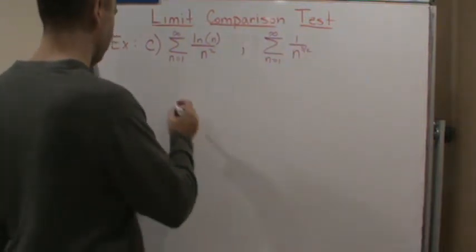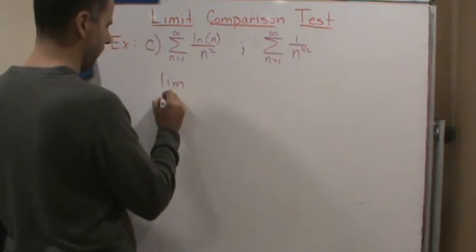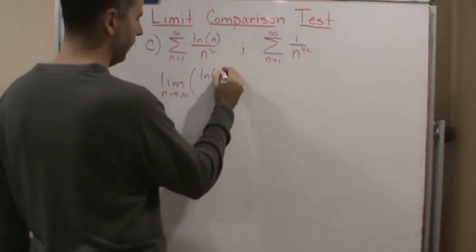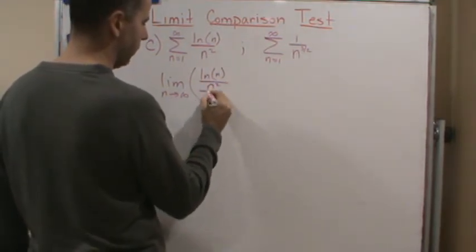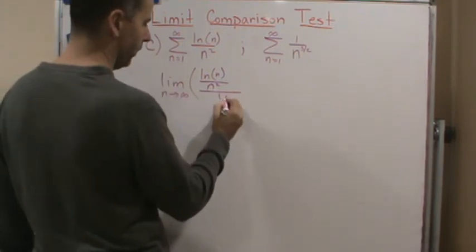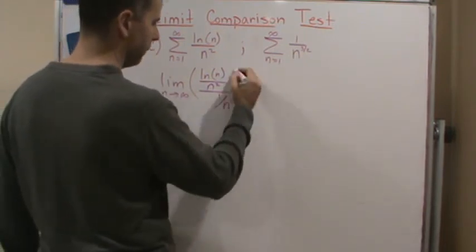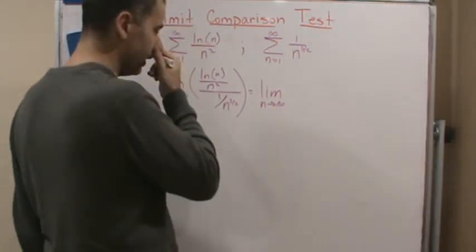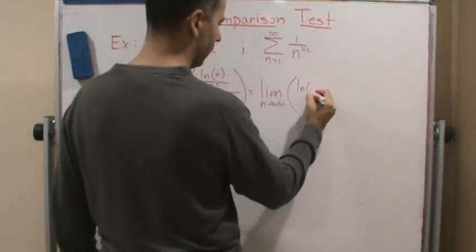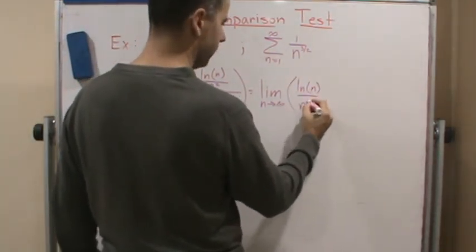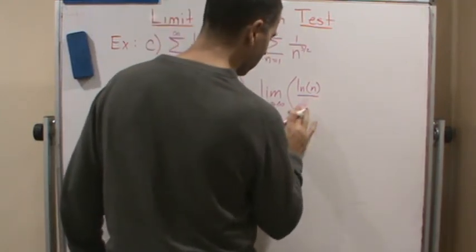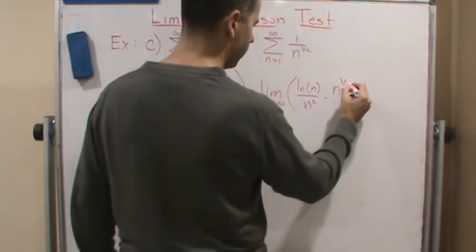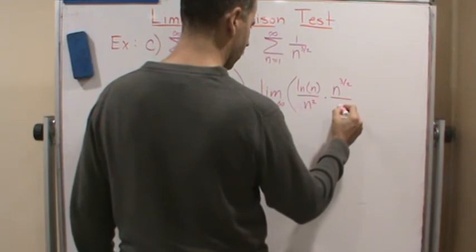So the limit as n approaches infinity of the natural log of n over n squared, all divided by 1 over n to the 3 halves, which again is going to give us the limit as n approaches infinity. We're going to write this as the natural log of n over n squared times n to the 3 halves over 1.